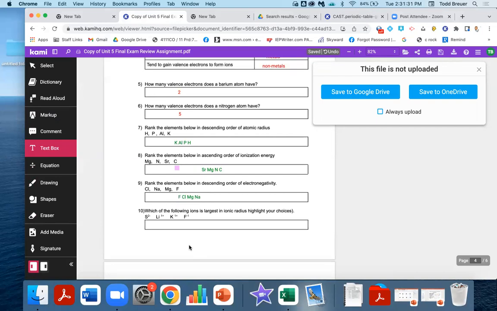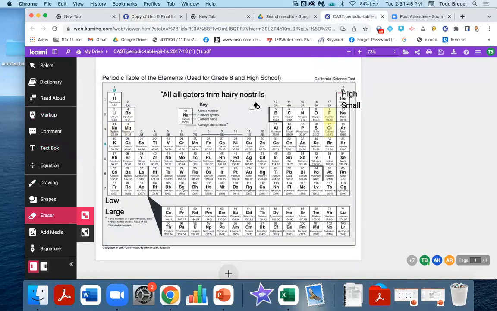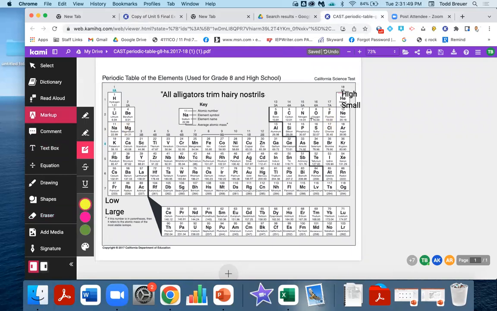Which of these is the largest in ionic radius? Well, what I did is I looked at how many rings we might have for each. So for a sulfur ion, we go to the periodic table and find sulfur.